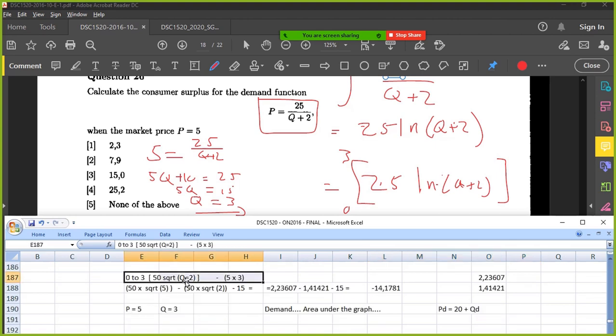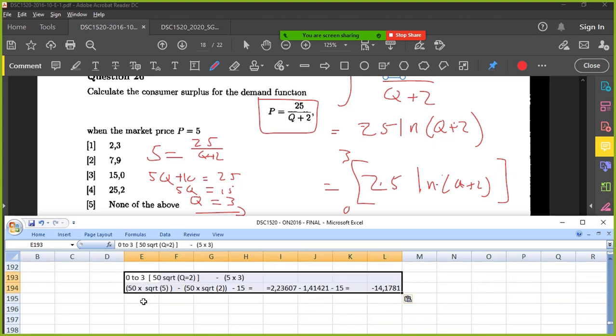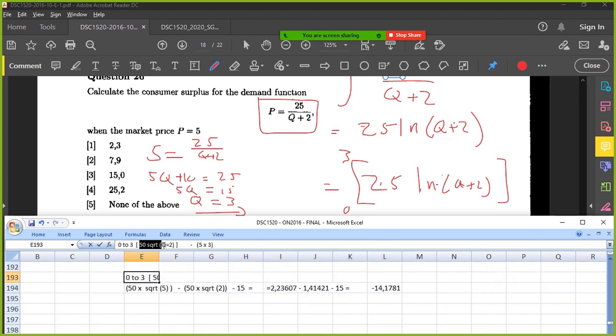Let me just copy that. Paste it down there. Okay, so 0 to 3, I'm going to have 25 ln bracket q plus 2, close brackets, minus 25 ln bracket q plus 2, close brackets. Okay, all right, so that's what I need to work out. So delete that part.